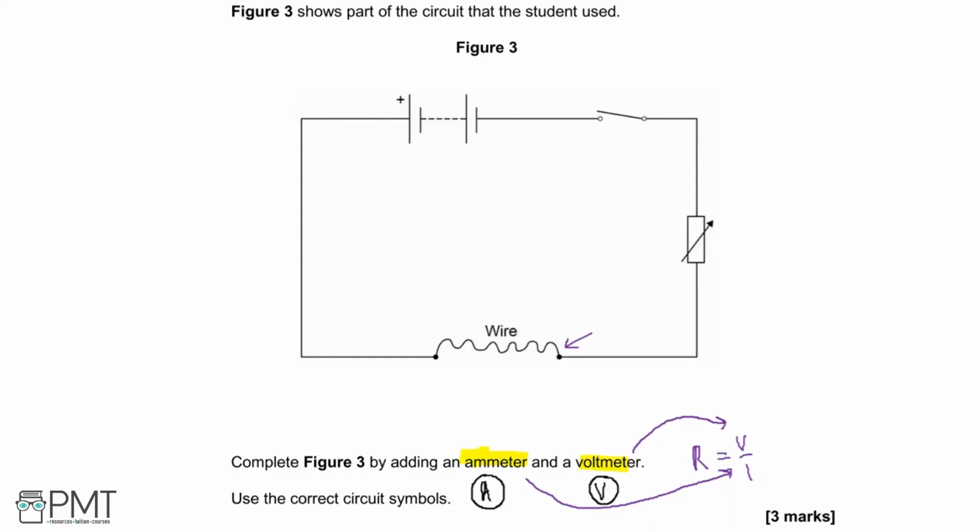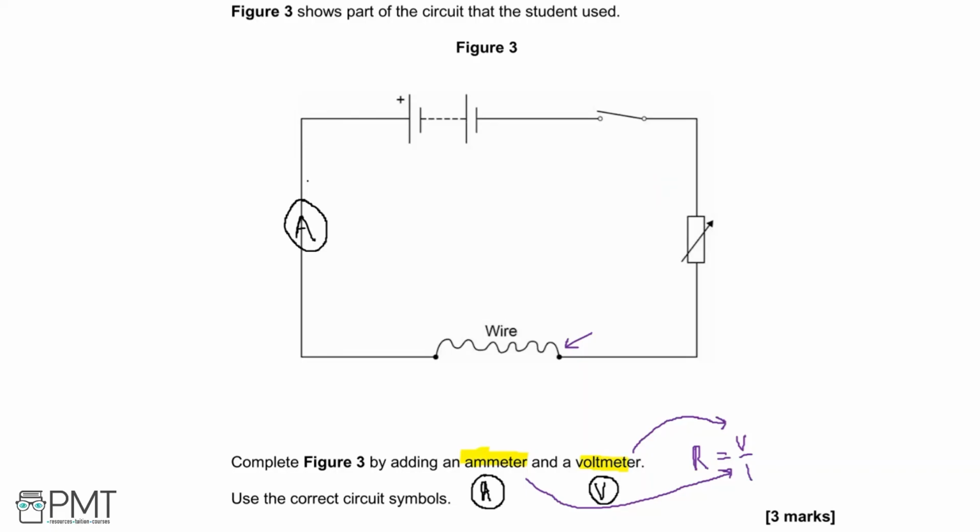In series just means at any point along this wire, in series with the nichrome wire. So for example, I could put it here, just draw an A, this is my circuit symbol. But it could also go here, it could go anywhere on this circuit, and that would still be a correct answer.